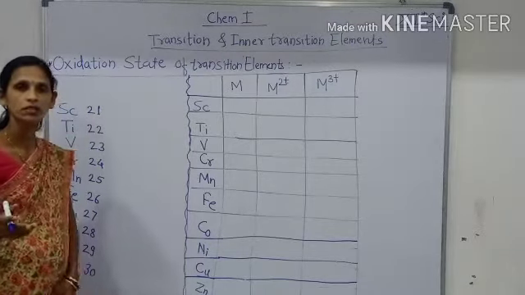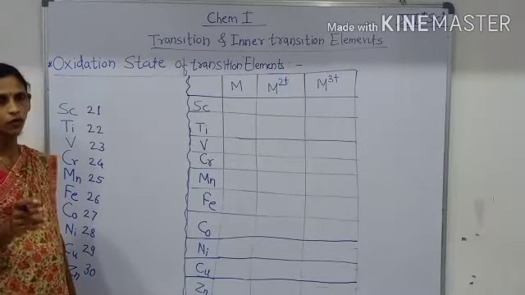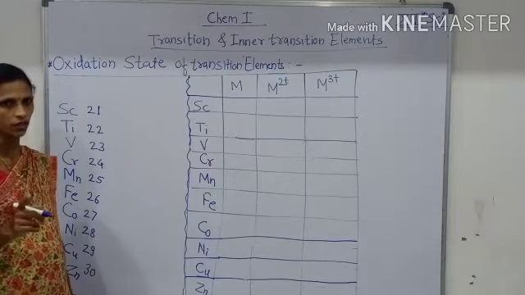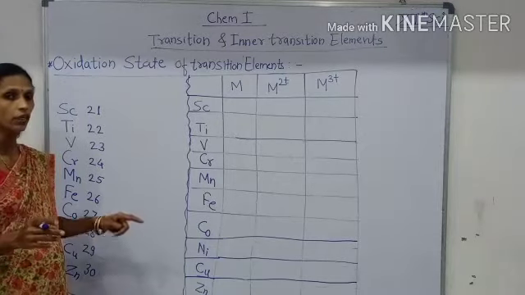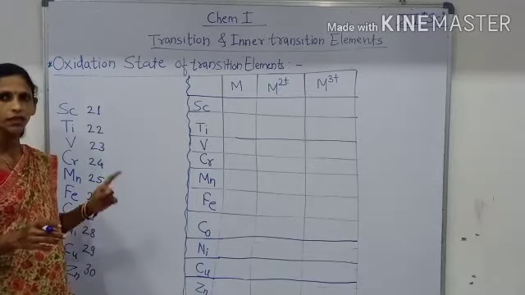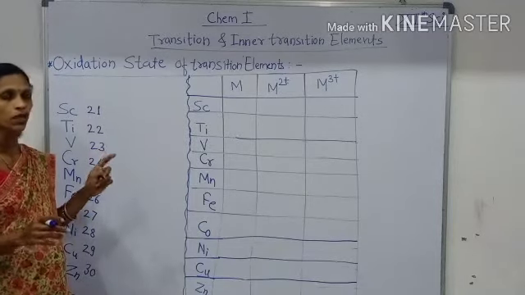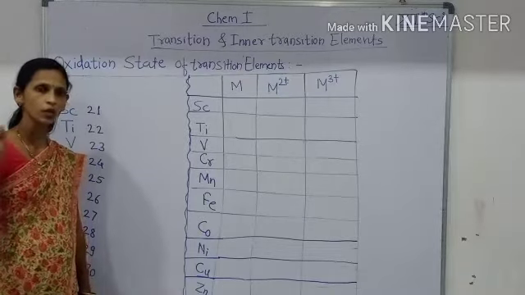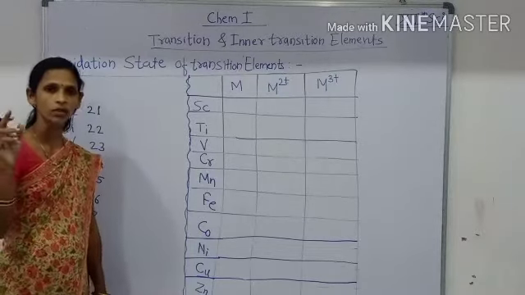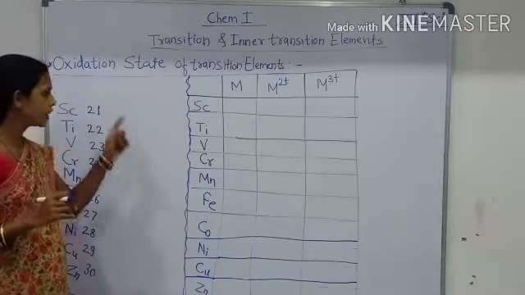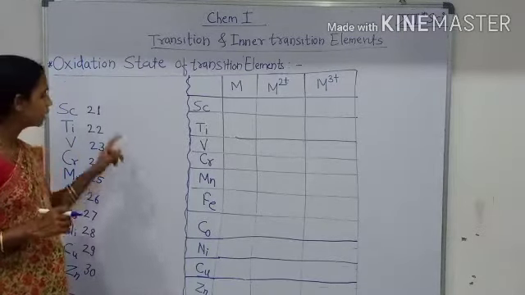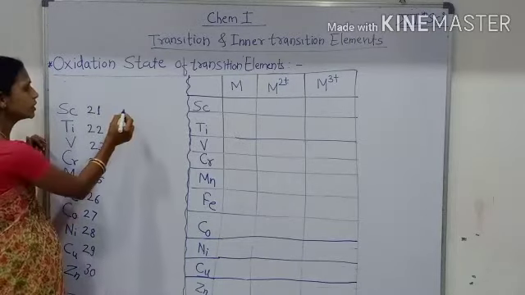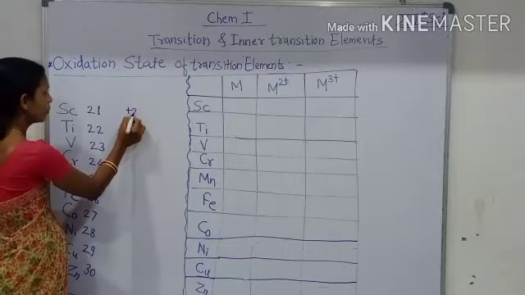If it loses 2 electrons from 4s orbital, then it shows M2+ oxidation state. And if electrons are lost from 4s and 3d, then it shows M3+, M4+, M5+, up to M7+, M8+ oxidation states. See here, 3d series transition elements show a common oxidation state, that is +2.